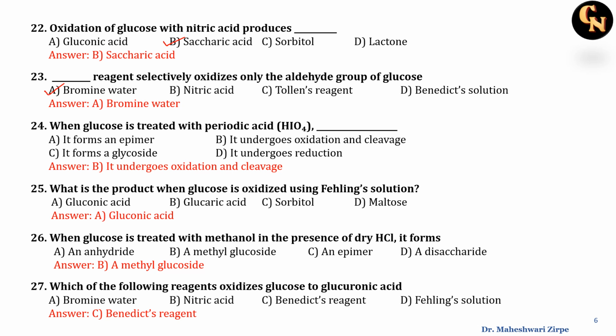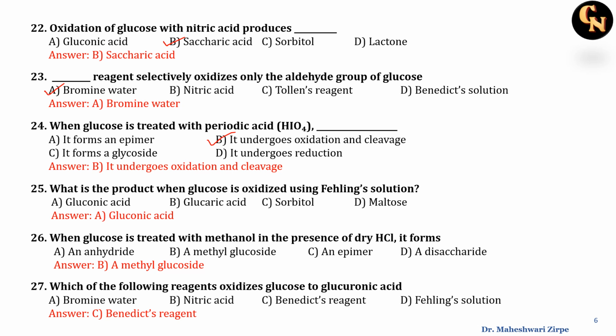Then when glucose is treated with periodic acid, again oxidation. Okay, periodic acid is used as an oxidizing agent. So it undergoes oxidation and cleavage. Option B is the correct option. So whenever you see the reagents, it should strike you what that reagent is going to do on your starting material.